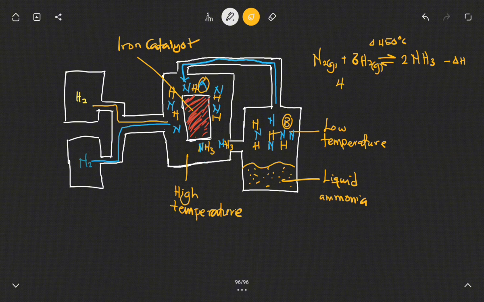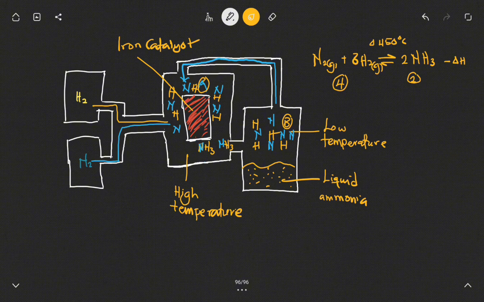Now on the product side, we only have 2 moles of ammonia. So what is going to happen if we increase the pressure? If we increase the pressure, we are going to have more ammonia. That means that equilibrium will shift to the right.